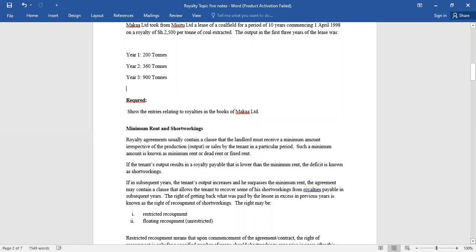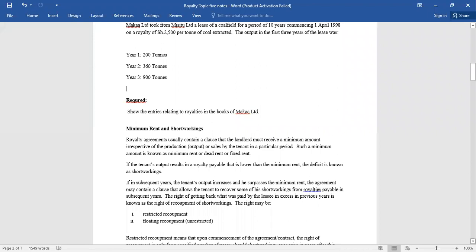So you'll find that the royalty agreements usually contain a clause where the landlord agrees to receive a minimum amount of money because we don't know what we are exploiting, whether it is there or not there. It's like we are entering into a forward contract without knowing what the future holds for us.